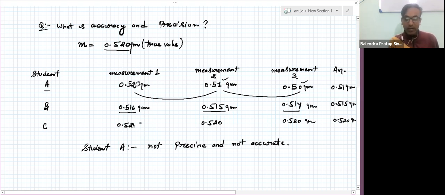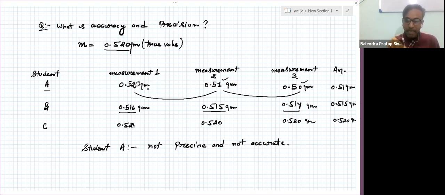So you can say the data is precise, but it's not accurate, because the accurate value is 0.520, and it's almost very close to 0.520. But his measurements are 0.516, 0.515, 0.514. So the measurements are precise, but not accurate.